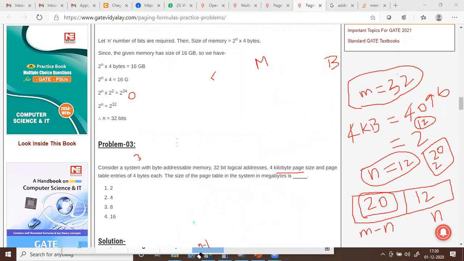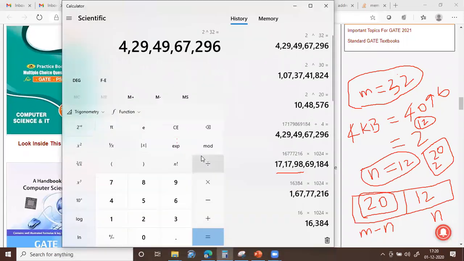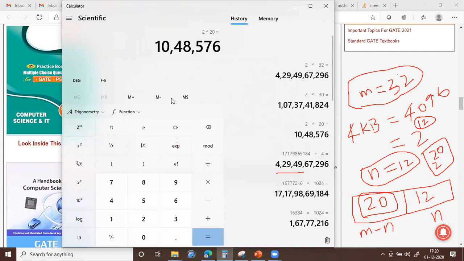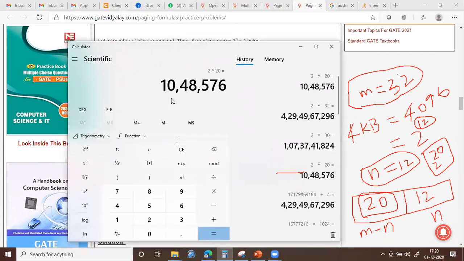Yes, so we have to calculate 2 to the power 20. So 2 to the power 20 is how much? 2 to the power 20 is this much.